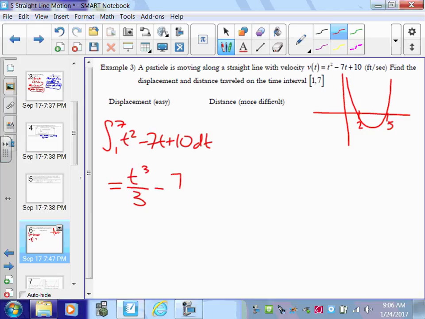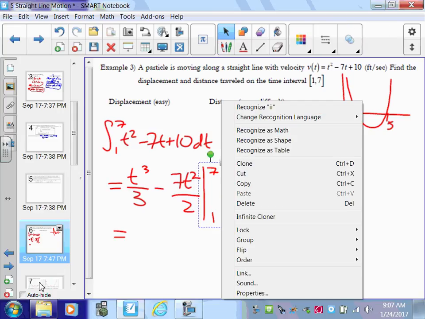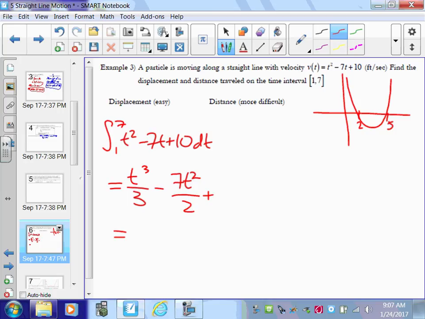Minus 7t squared over 2, from 1 to 7. Is there a 10t? Oh, 10t! That's it! Silly! All right, plus 10t. That changes it. Thank you.